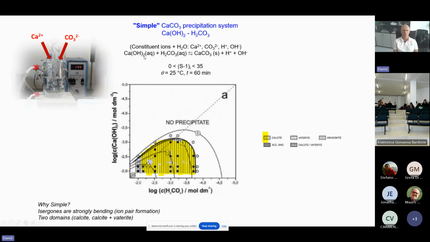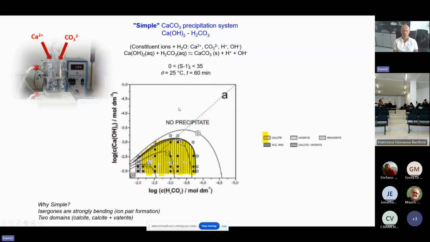Calcium was introduced in the form of calcium hydroxide, and carbonate ions only in the form of carbonic acid. So after precipitation of calcium carbonate, only H+ and OH- remain in solution. So there are no co-ions in this system.